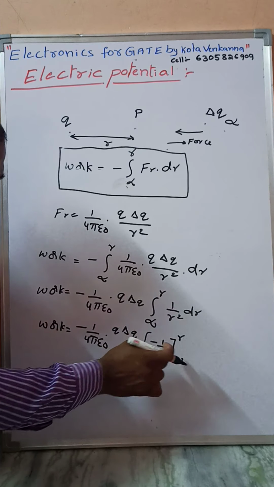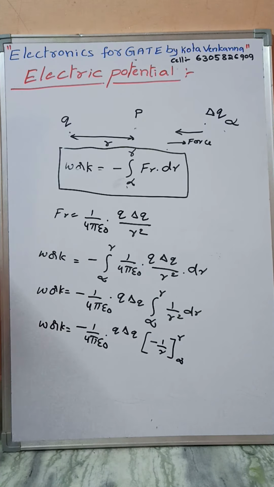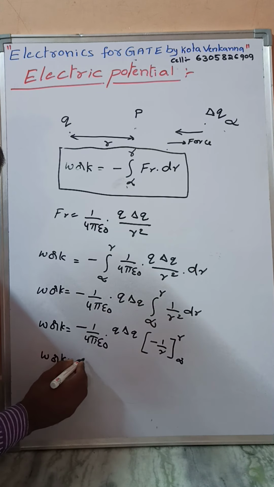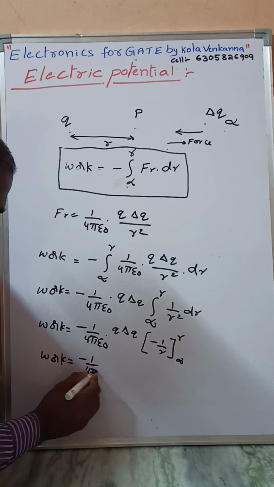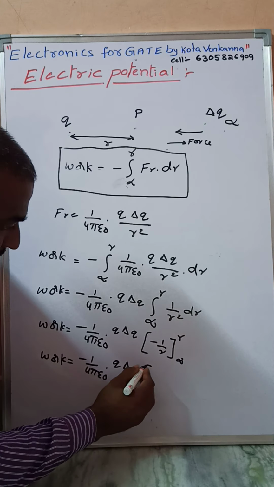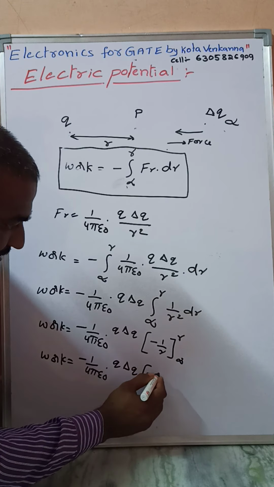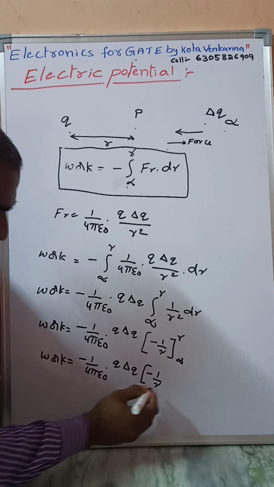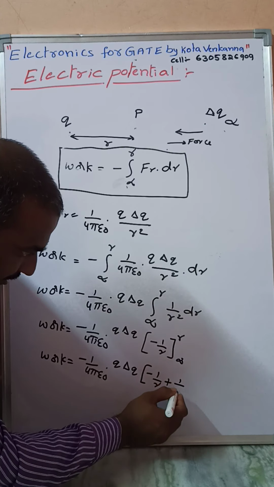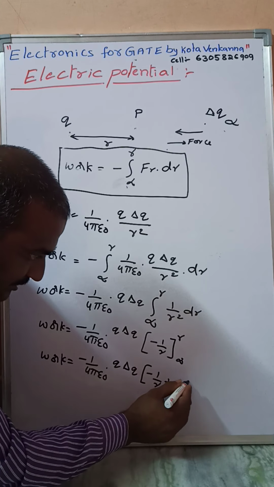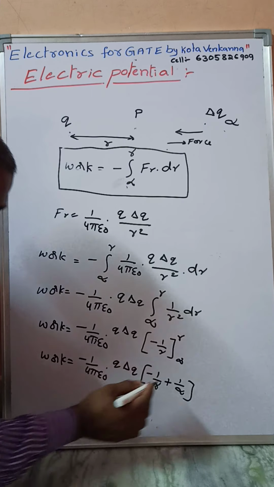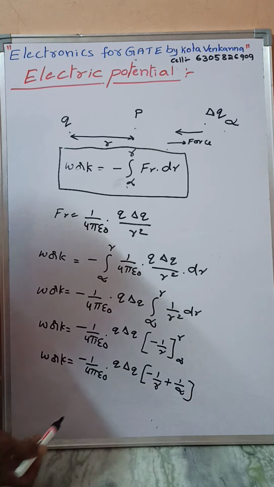So we have to substitute the upper limit and lower limit. Then work is equal to minus 1 by 4 pi epsilon naught q del q times minus 1 by r, plus 1 by infinity, which is 0. So it is 1 by r, and 1 by infinity is 0.